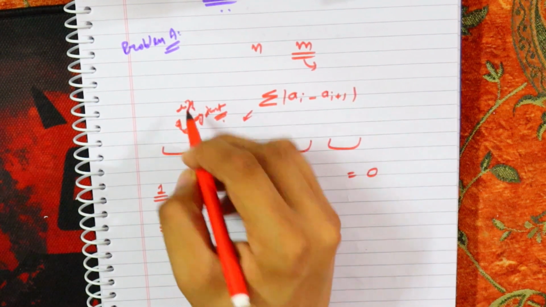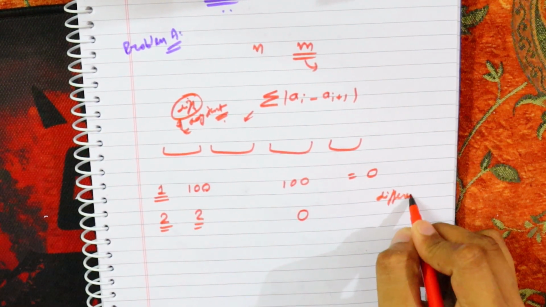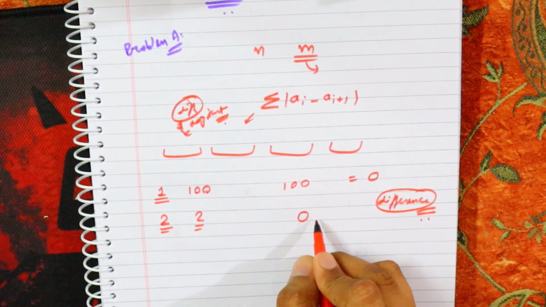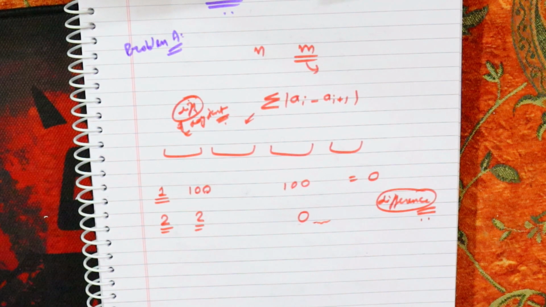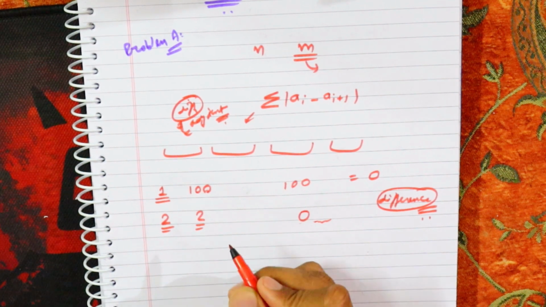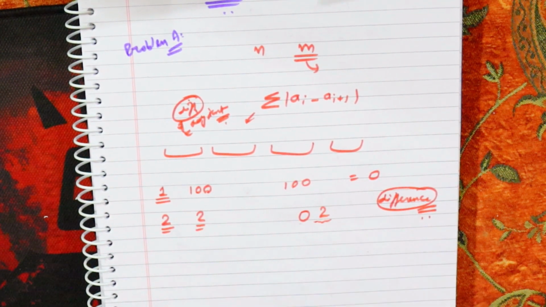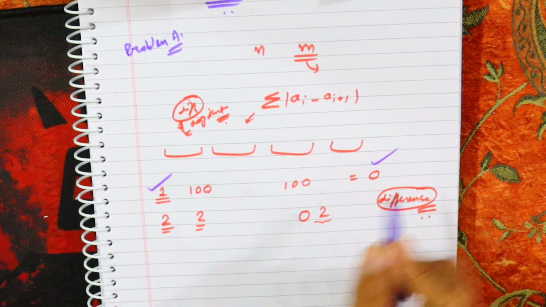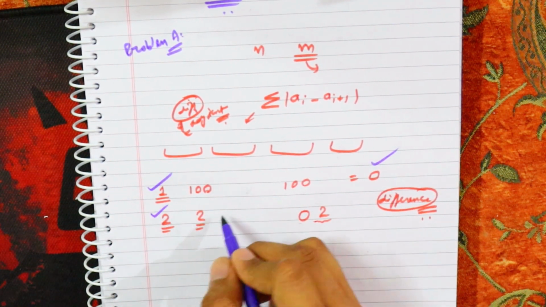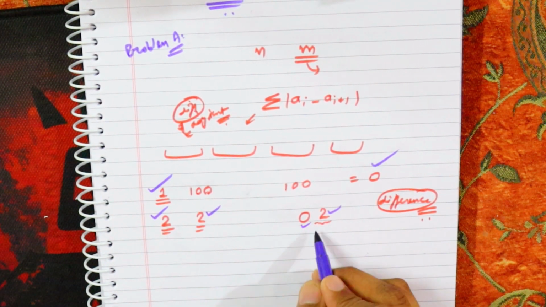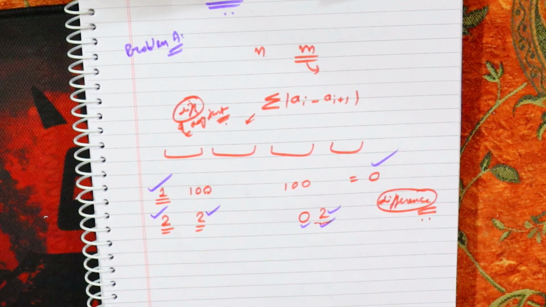We need the maximum difference, so one number should be 0 and the adjacent number should be some big number. As the number of elements is 2 and the sum is 2, I will place the other element as 2. So the basic cases: if my n is 1, my answer will always be 0. If my n is 2, my answer will always be m, because one element is 0 and another element is m.